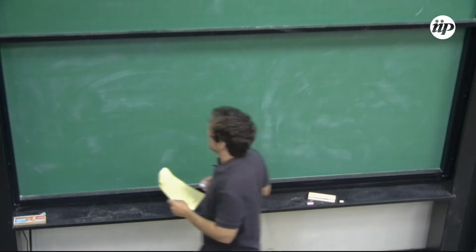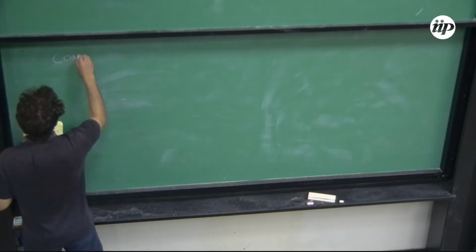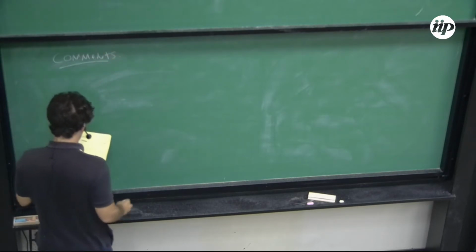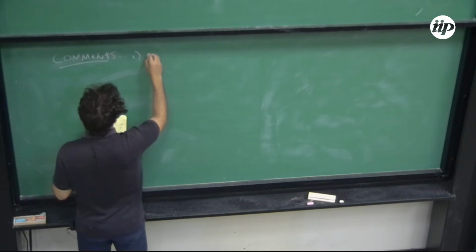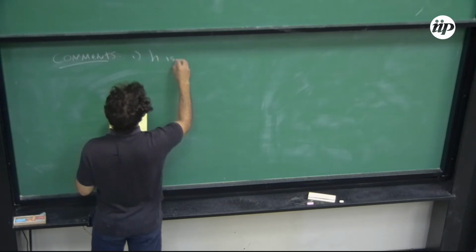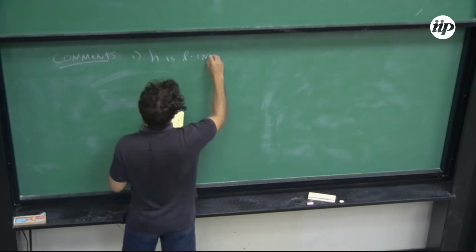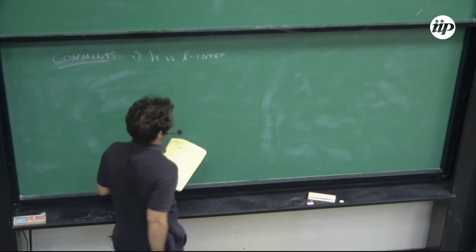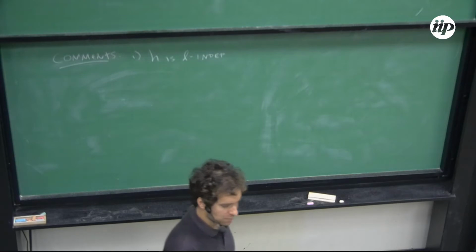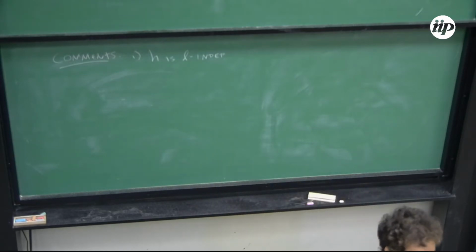Okay, so some comments. The first is that H is independent of the spin, in other words, independent of m bar. You can think of that as having come from resumming an infinite set of global trajectories which are themselves spin independent.